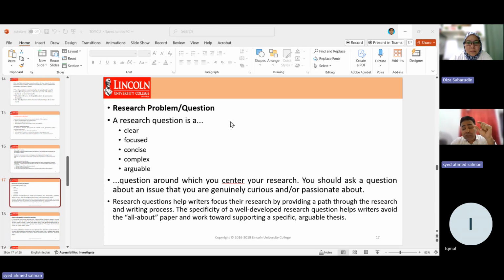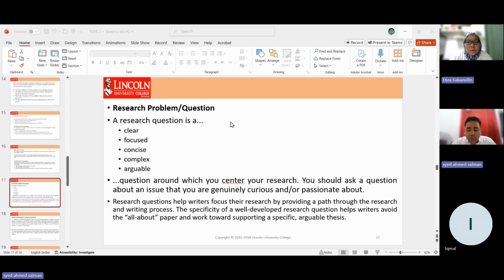So the first question, please now bring your problem statement in your mind. Now through the problem statement, you will be able to understand. In the problem statement, we focus on an issue, right? You should ask a question about an issue that you are genuinely curious about.